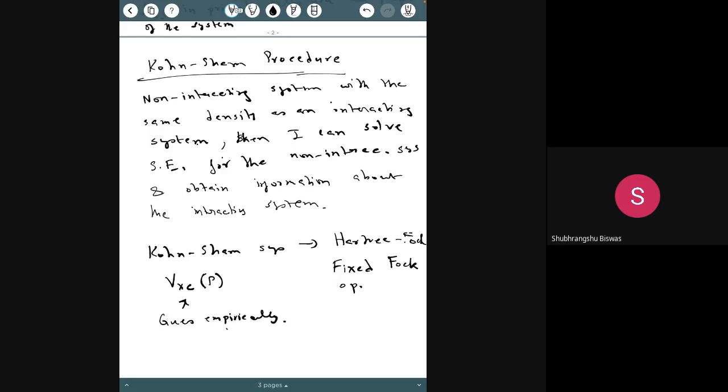So in trying to map your interacting system to a non-interacting system, you generate an effective operator which represents your interactions in the form of a one electron functional.